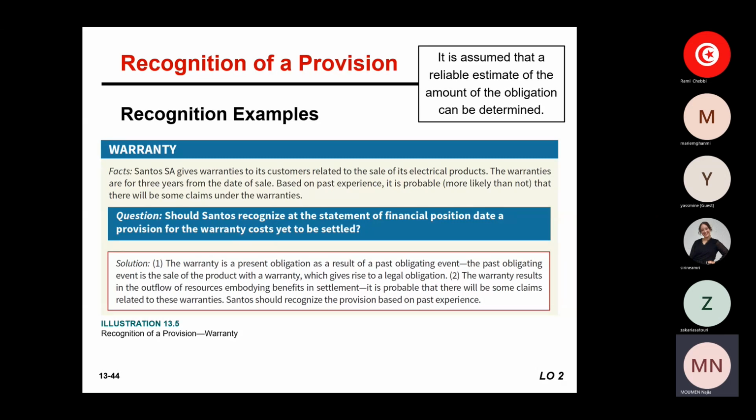So based on experience, when you purchase a product, you expect that you will also benefit from that warranty period. As the seller, the warranty is now a present obligation for you, resulting from a past obligating event. The past obligating event was selling a product with a warranty.